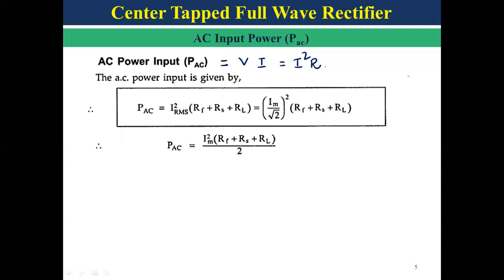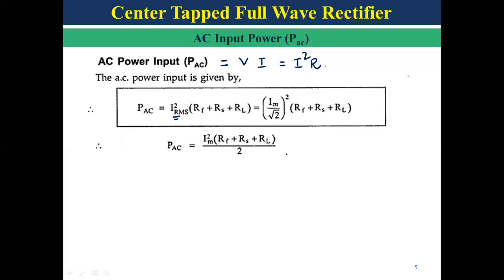Since I am trying to calculate AC power, the current is expressed in RMS value, and there are three resistances we need to consider in center tapped full wave rectifier: RS, RF and RL. And hence the AC input power supplied is equal to IRMS square into RF plus RS plus RL.